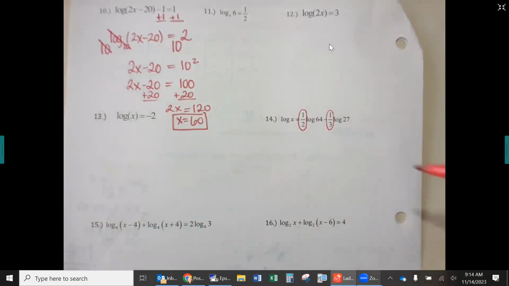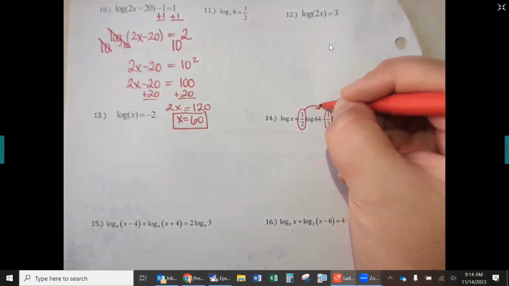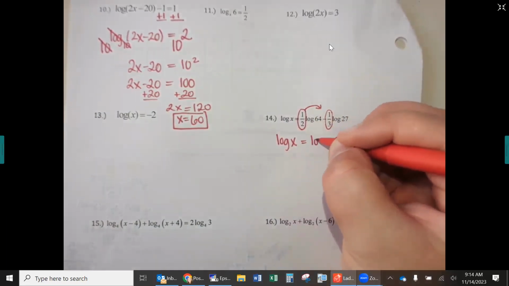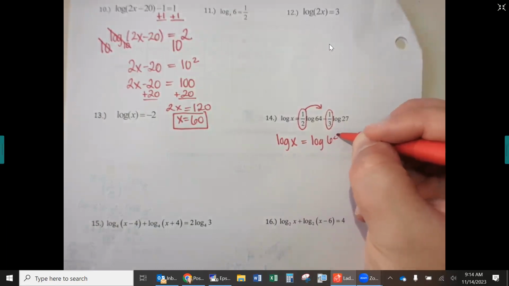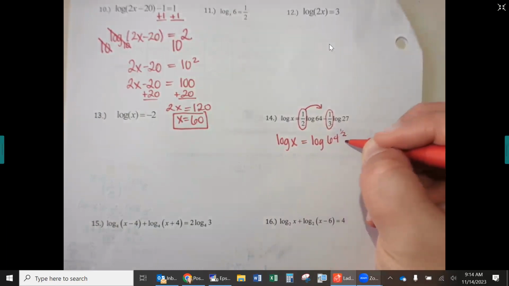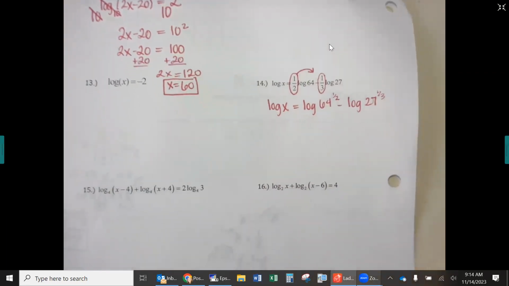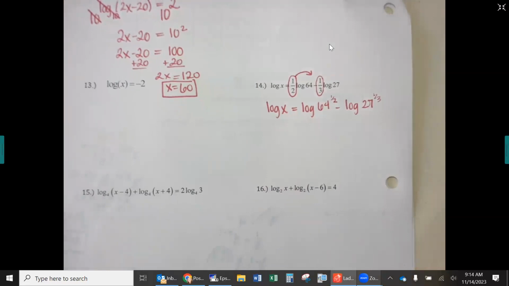Move it up to an exponent, that's right. So this is now going to be log x equals log 64 with a half on it minus log 27 with a third on it. Log 64 with a half exponent, and then log 27 with a third exponent.